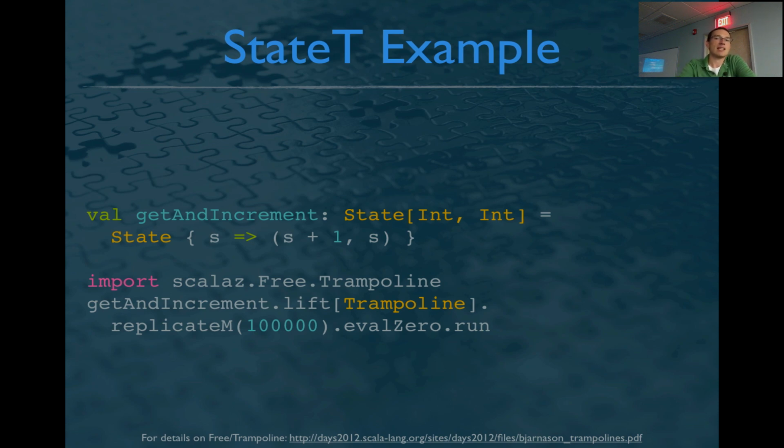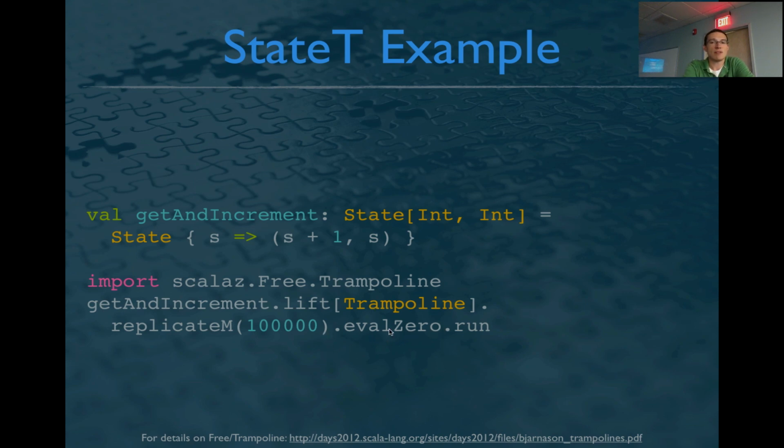It stayed as a State of Id, or StateT of Id, Int. We import this Trampoline type from Scalaz, and then we call lift on state. So remember, getAndIncrement returns us a State of Int. We're saying lift that into a State of StateT of Trampoline, Int, and then run it.